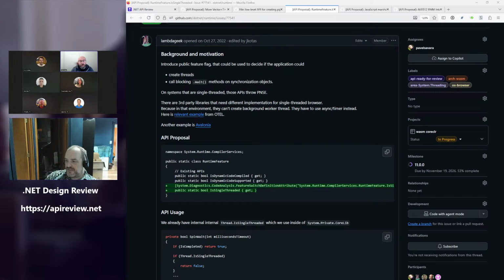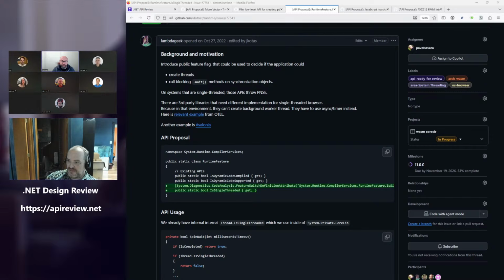All the background tasks and jobs that you want to run, you have to run them scheduled on the top level event loop as any other code. And so you're typically rewriting thread-based background loops into async or timer based loops that keep scheduling themselves.